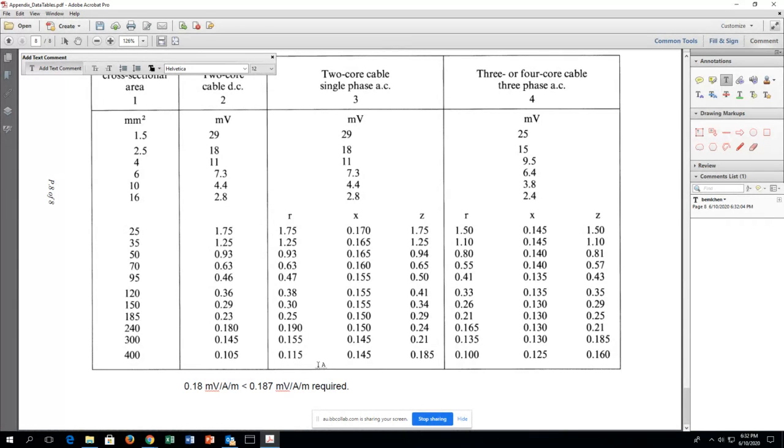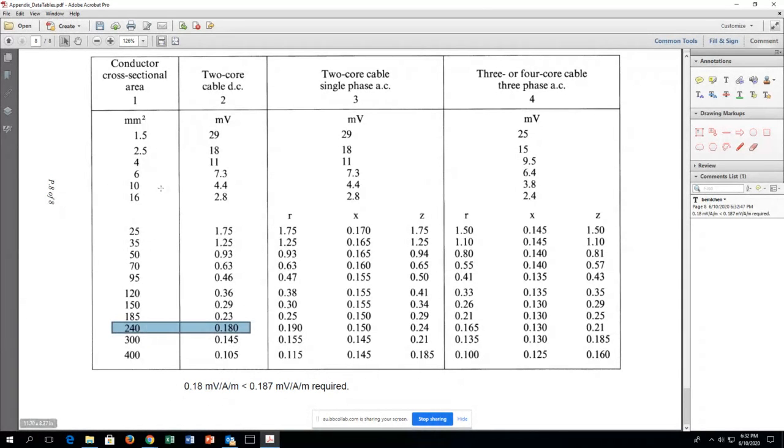Okay. Therefore we choose these cables. Okay, the cross-section area is 240 square millimeters. That's why we choose these cables.